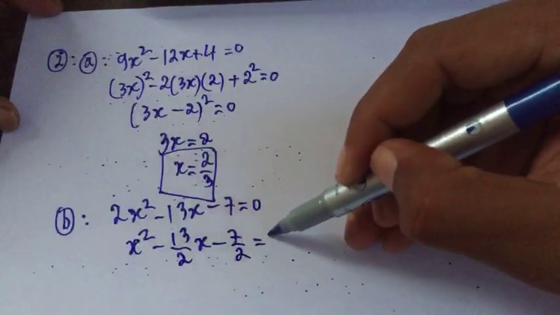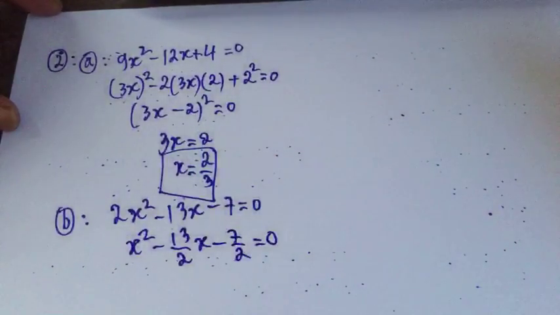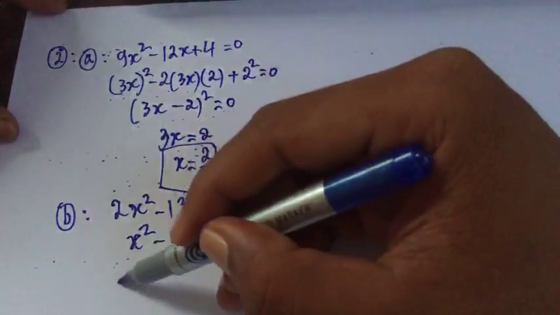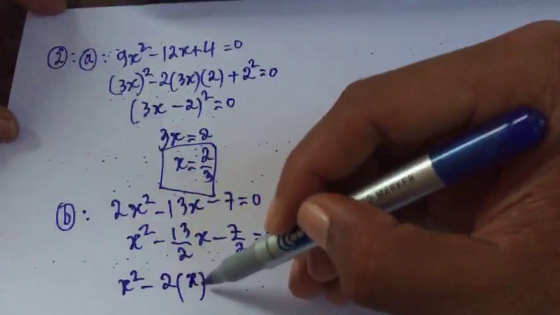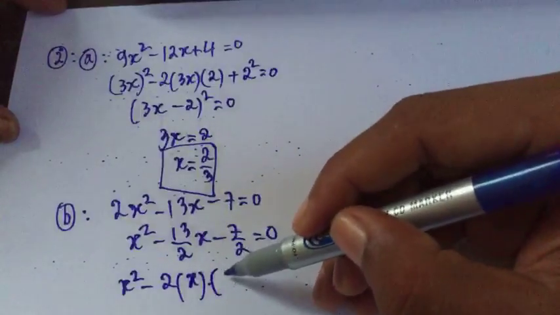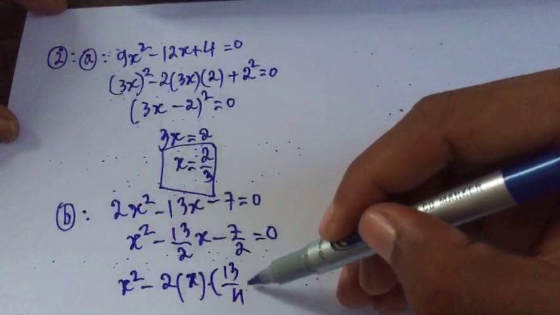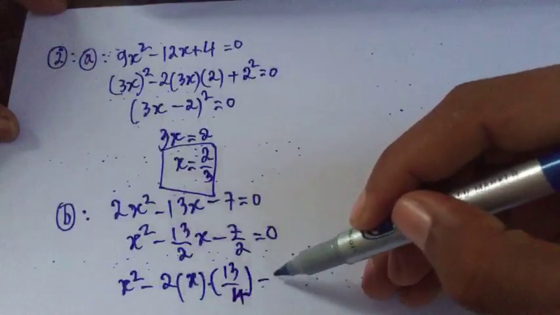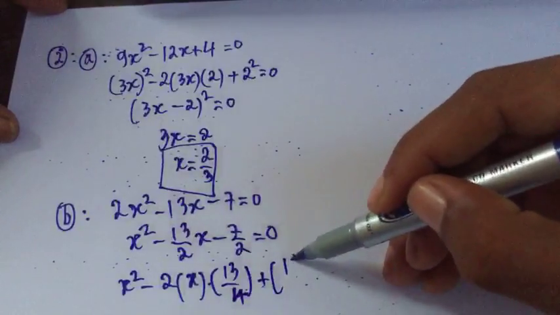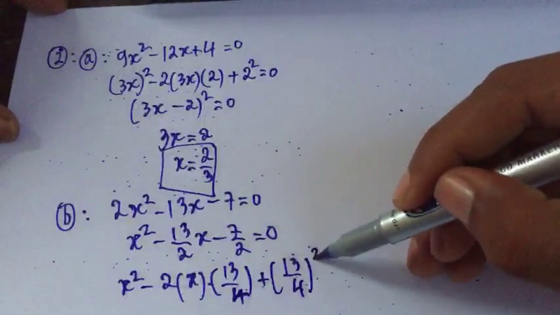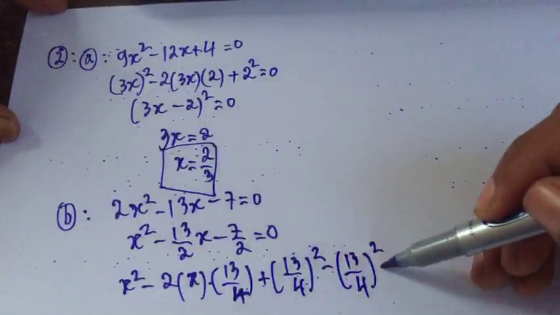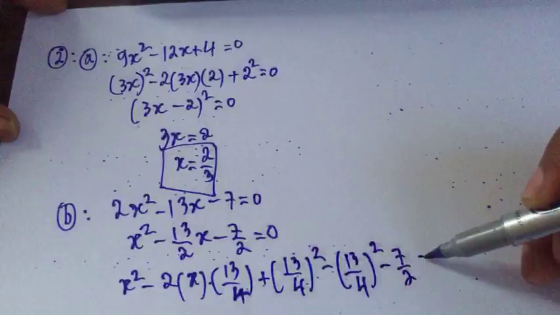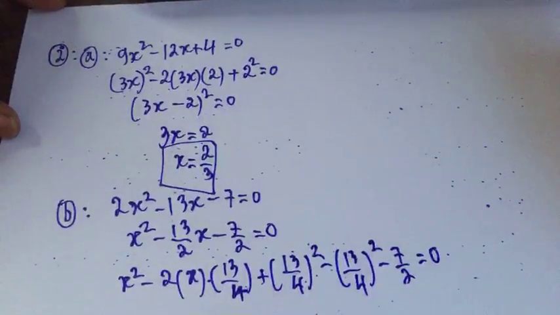Divide by 2: x squared minus 13 divided by 2 x minus 7 divided by 2 equal to 0.